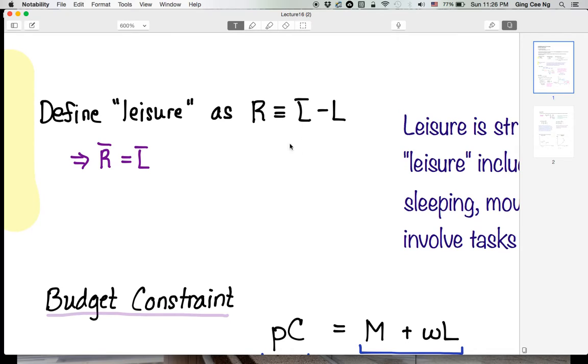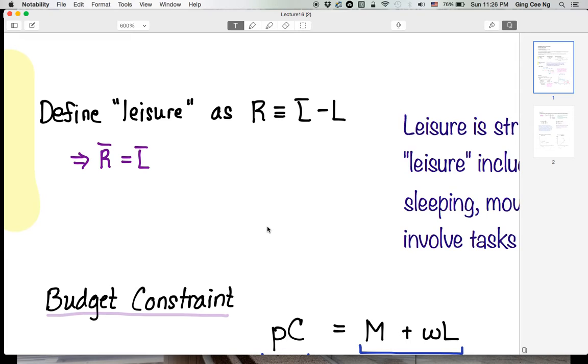So notice that this time endowment that you have, the maximum number of hours that you can spend working, or the maximum number of days, or the maximum number of weeks, whatever the unit, that time endowment is also going to be the same time endowment that you can have for leisure. Which means, let's use 168 hours, I think I gave you guys an example of that in your in-class quiz.